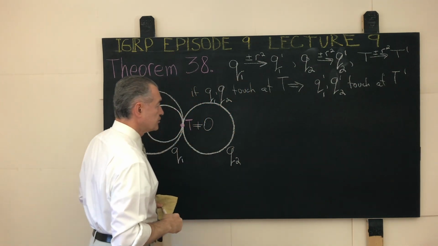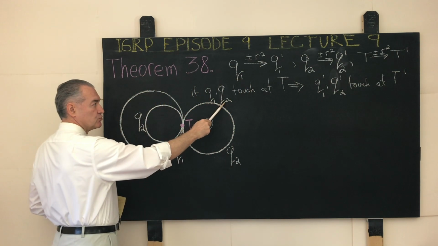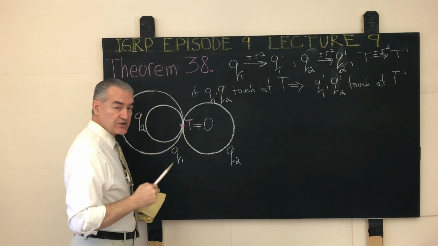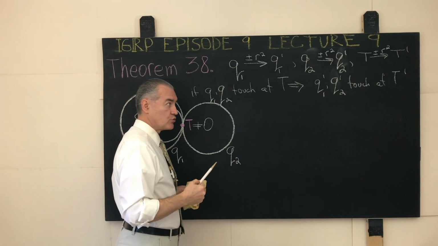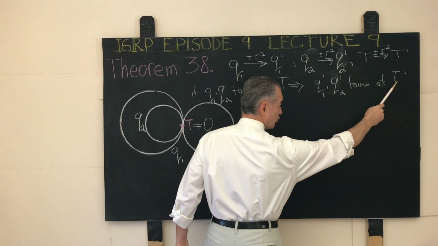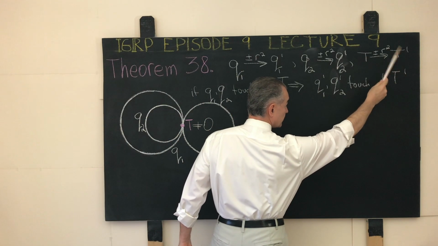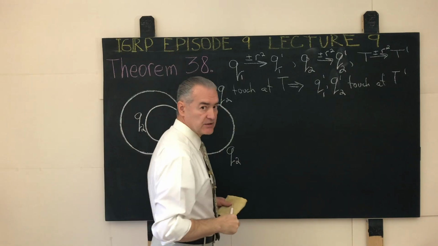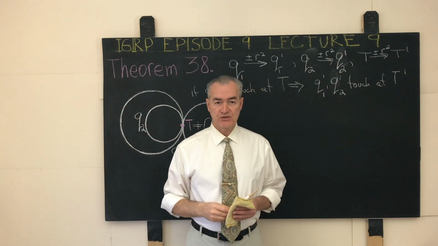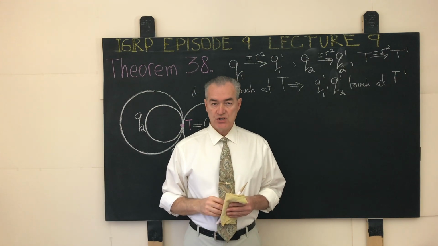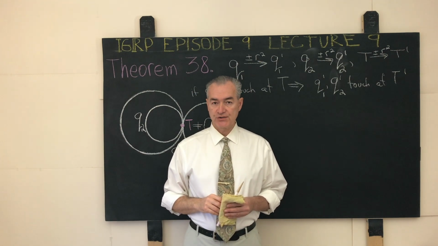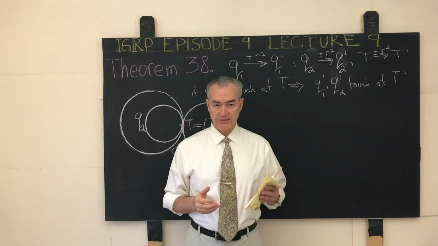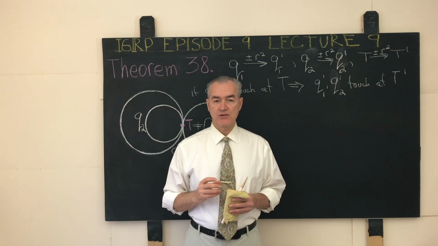Then, if the circles Q1 and Q2 touch at the point T distinct from the center of inversion, then their images, whatever they are, straight lines or circles, will touch precisely at the point T prime, which is the image under the corresponding inversion of the original point of tangency T. Both of the theorems 37 and 38, which, one more time, apply to inversions of the real plane with respect to a circle with both powers, positive and negative, can be proven as follows.